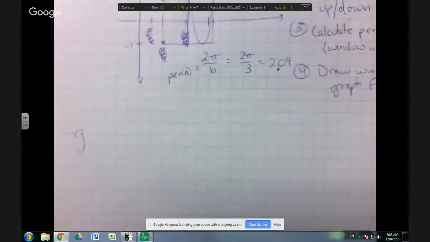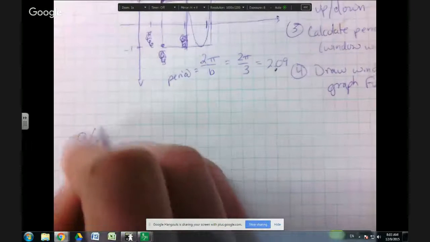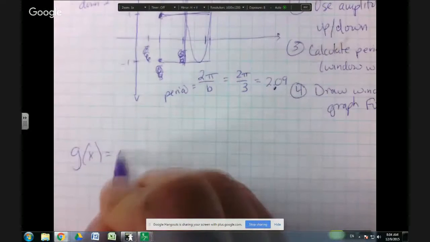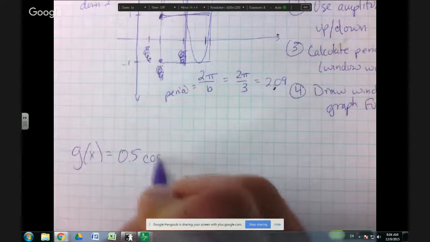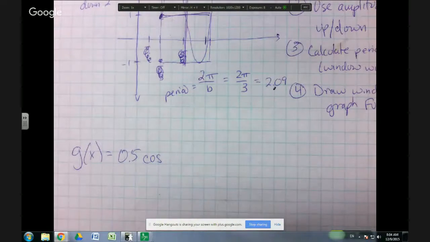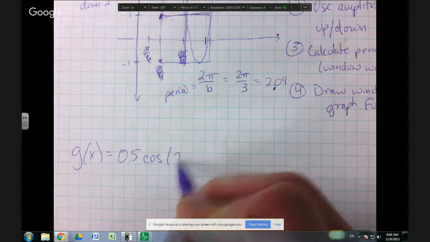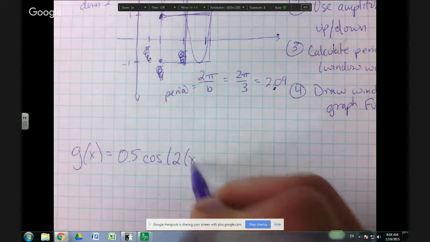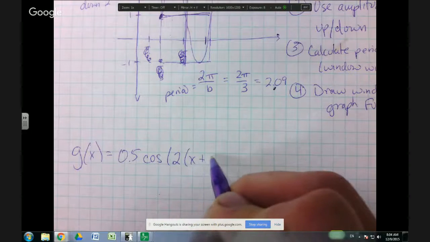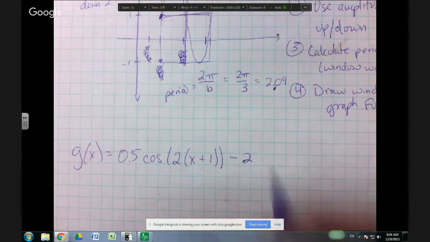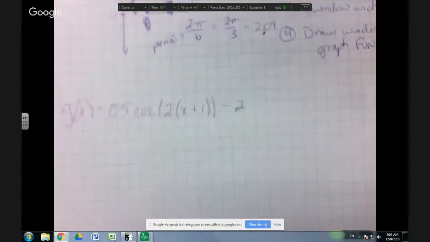All right, let's do g of x. All right, we'll go with that function.